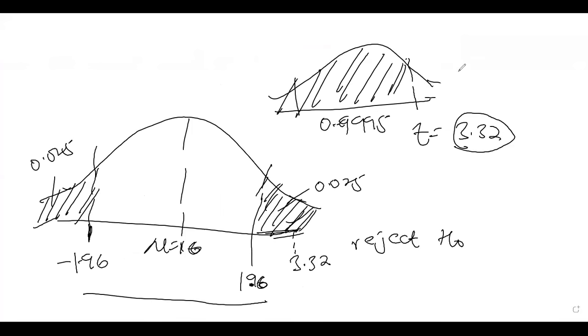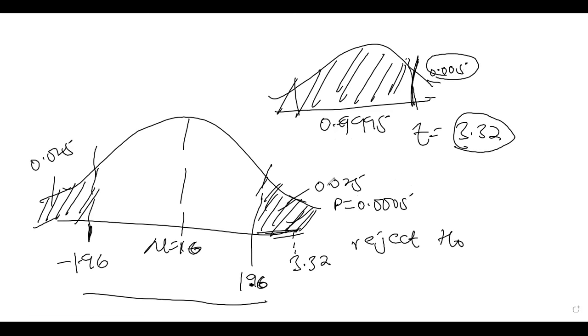So what is left is 0.005. That is here. So technically, the z value of 3.32 on the right-hand side corresponds with a p value of 0.0005, okay?